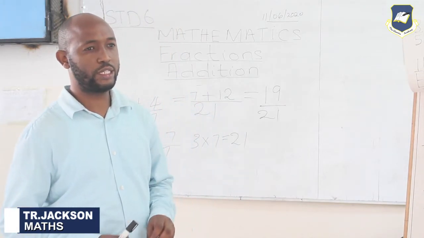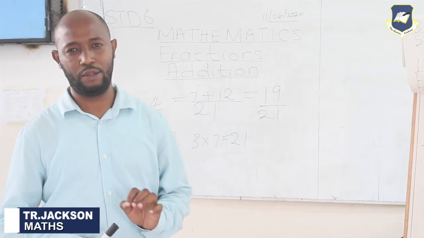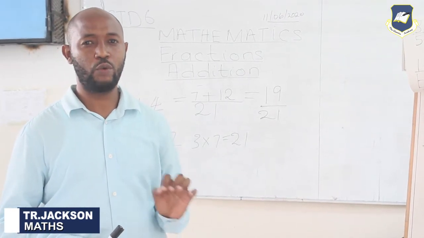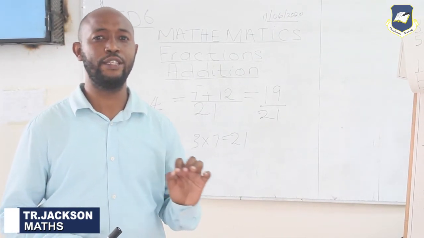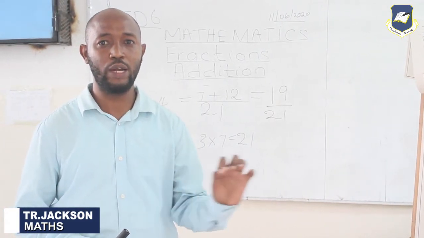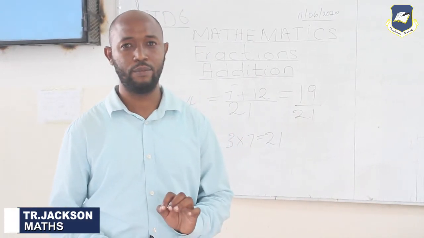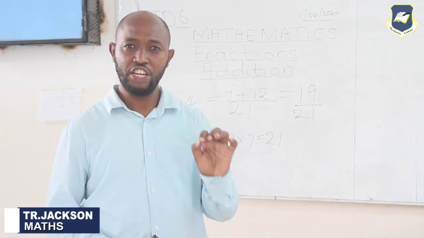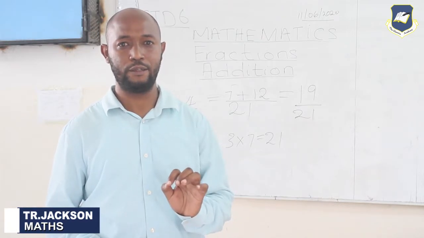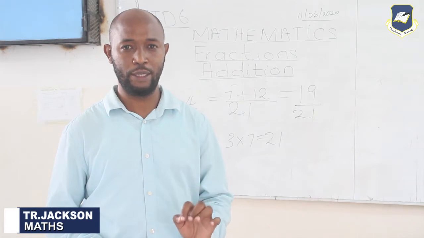Just to summarize, before you add fractions, the most important thing is to make sure you check whether the denominators are the same. If the denominators are the same, just like you learned in class 5, just add the numerators directly. If the denominators are different, you need to look for the LCM of the denominators.